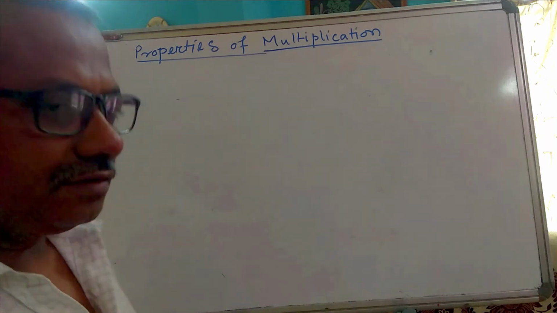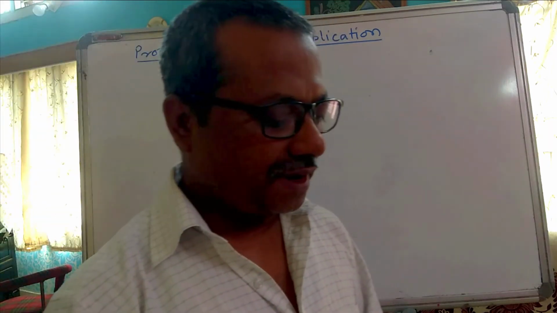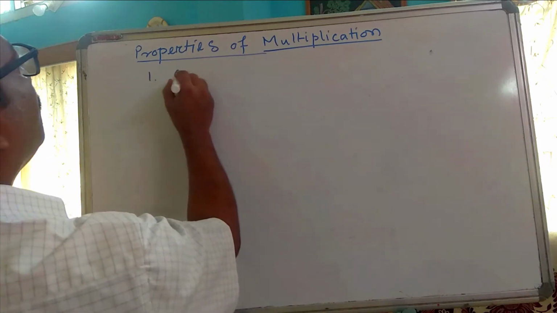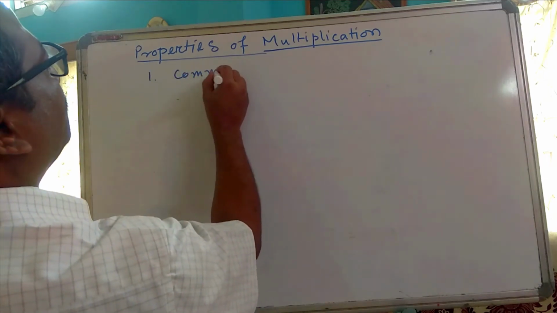Now we are going to learn some properties of multiplication. Number 1, commutative property.